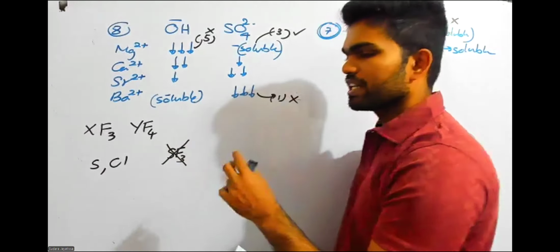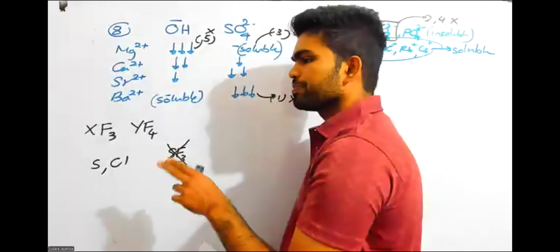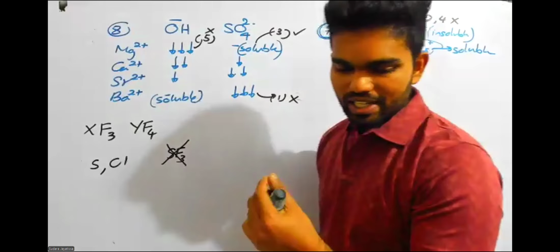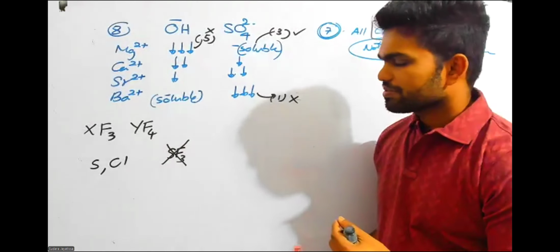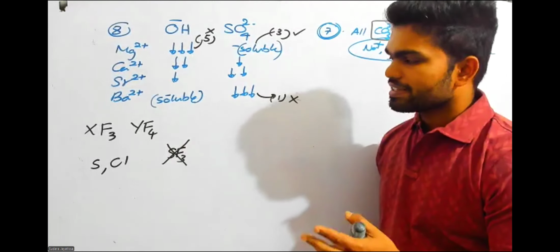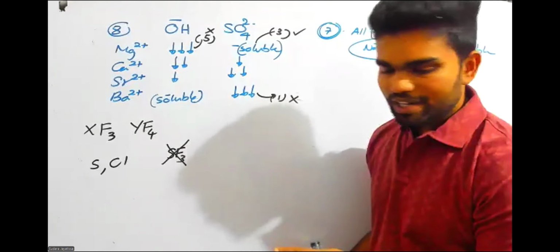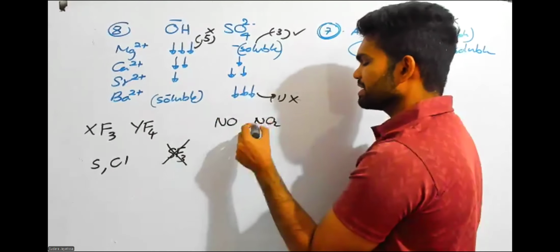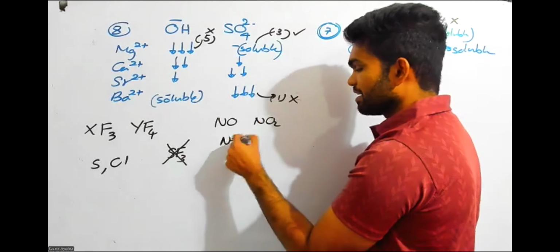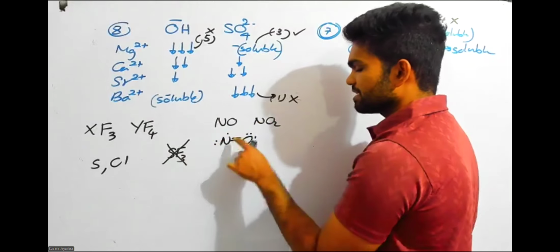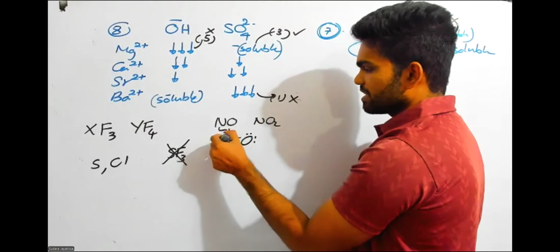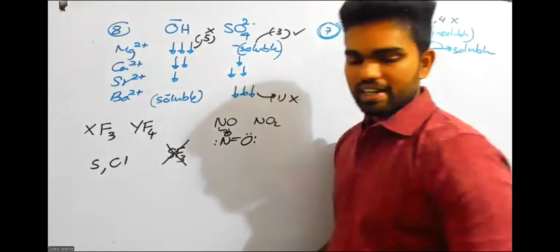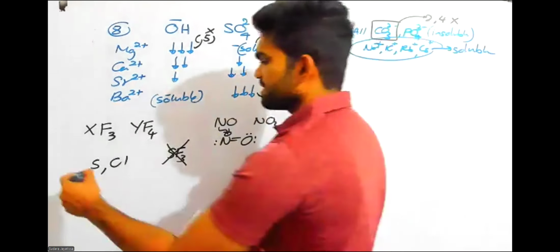Then only when you get pairs, you will have no unpaired, single electrons. Single electrons can exist, but not in these molecules. For example, NO and NO2 will have single electrons, a single electron on nitrogen. This can happen, but not for these elements, sulfur and chlorine. So this answer is wrong.